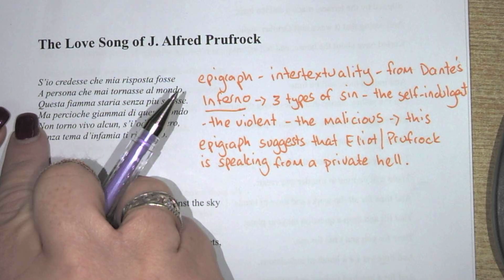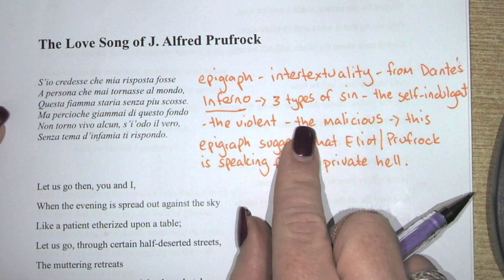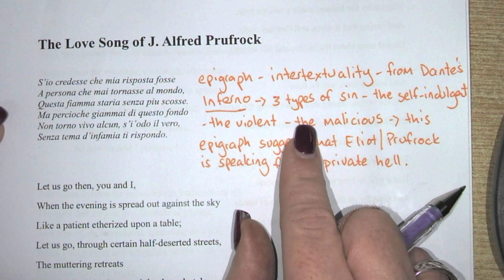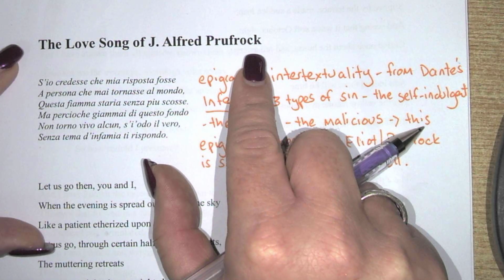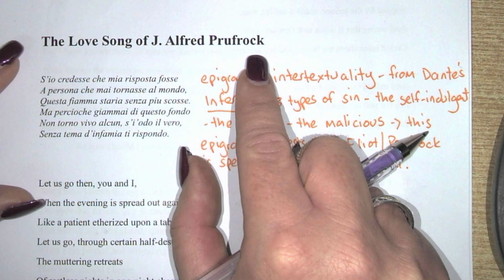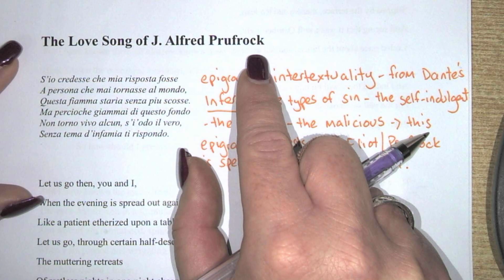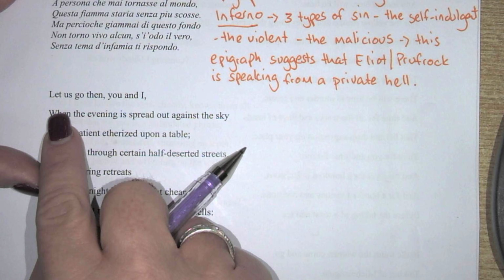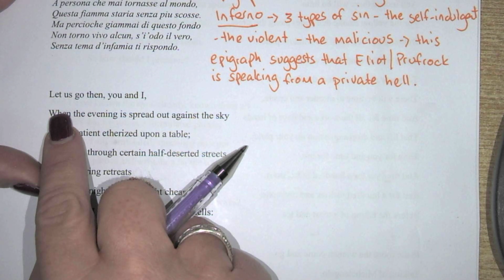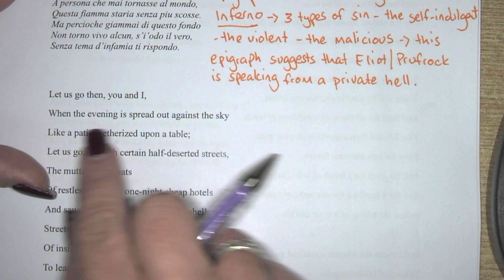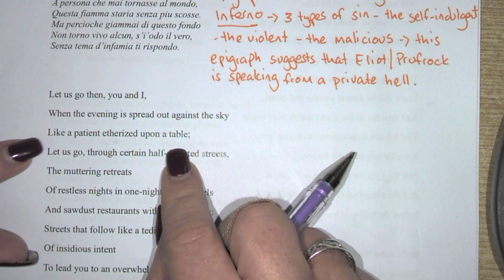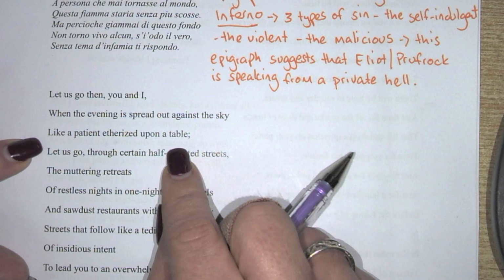So people in Eliot's context were set up to believe that they were about to read a lovely love poem, okay? And he starts with what we think might be this love poem. Let us go then, you and I, when the evening is spread out against the sky. And then this unsettling and disturbing imagery of a patient etherized upon a table.